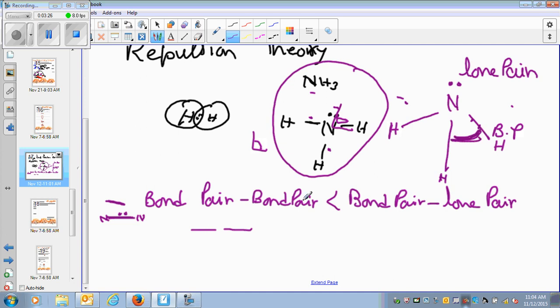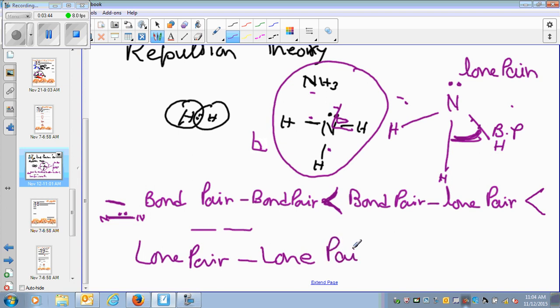So bond pair repulsion is less than the bond pair lone pair repulsion, which is again less than the lone pair repulsion. If I have two lone pairs, then they will even push each other further away.